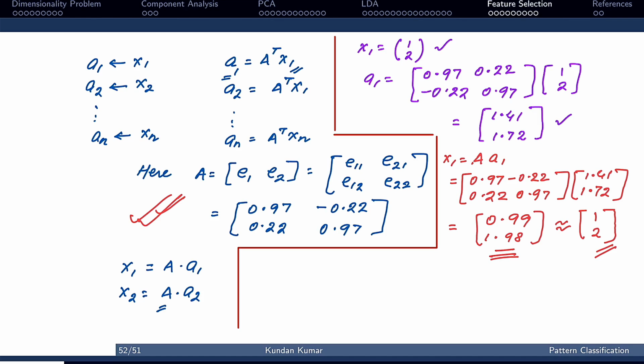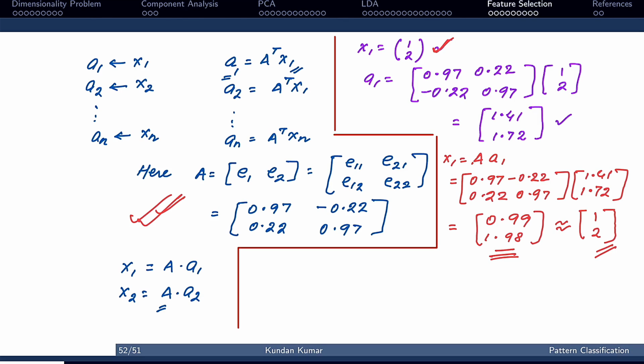Okay. So, in the same way we can transform our two-dimensional feature vector into a one-dimensional feature vector. So, how we can do that? In the same way, but here our transformation matrix will be only E1.